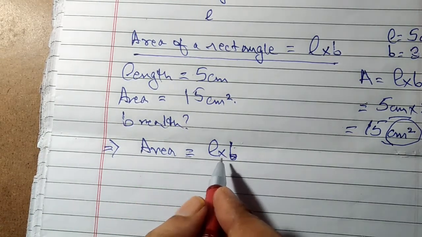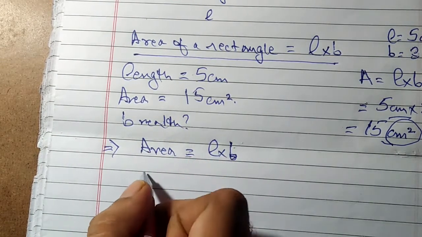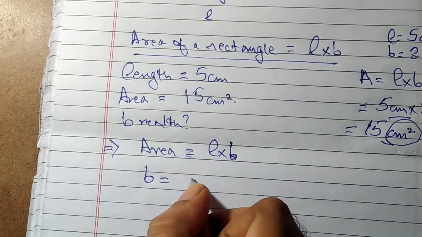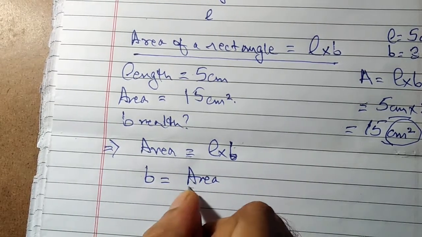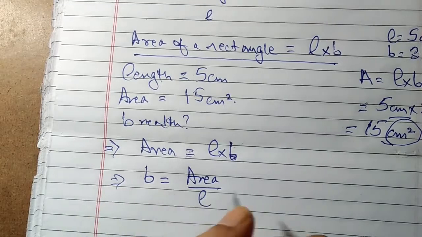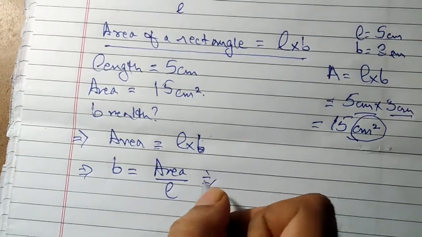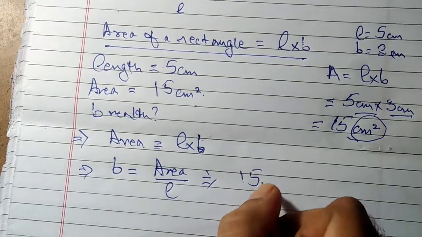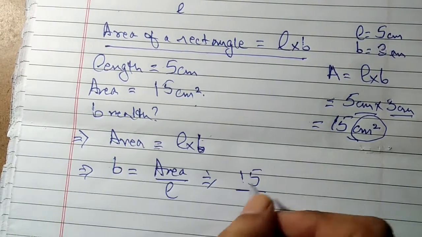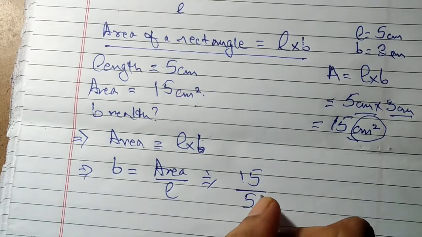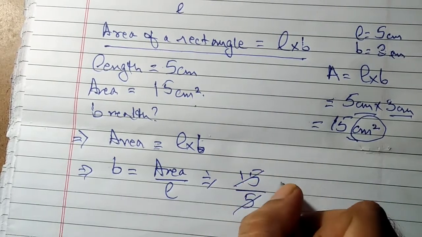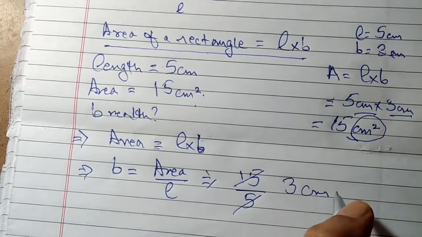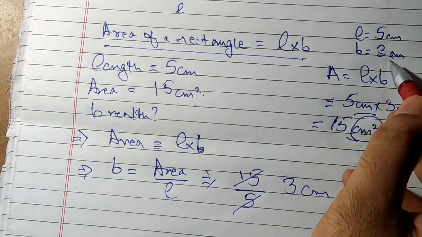We need to find the breadth, so you say breadth is equal to area by length. Area is 15 centimeter square, we put 15. Length is 5. If we work this out, we get 3 centimeter, which is equal to the breadth we had earlier.